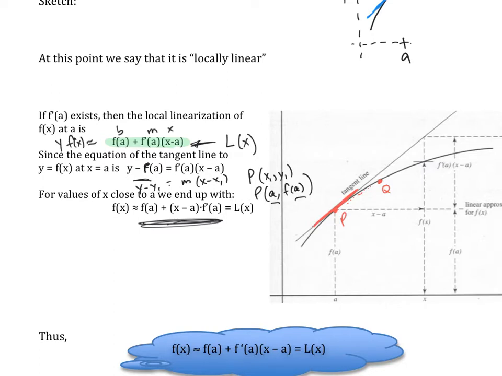So for anything really, really close to P, I don't have to use the actual equation. I can approximate it by just using the tangent line. Again, because I've gone so close, I've straightened it out, I don't need to use the equation to make the calculations. I could just use the tangent line. That's called linearization.